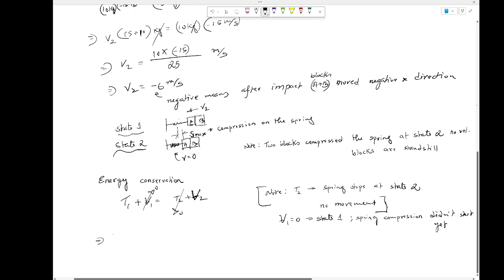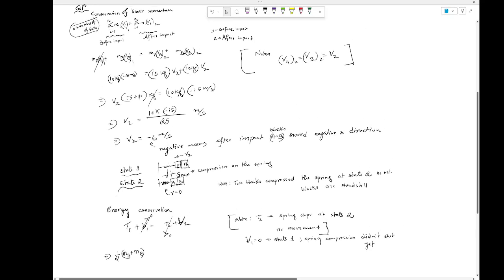So now you can see that you have this half of what? It looks a little weird, but it's half of (mA plus mB), and then this one would be v2. I did put a subscript v2.